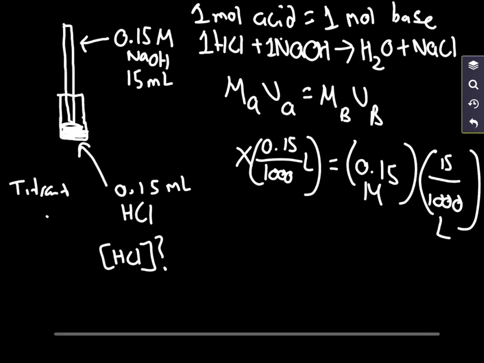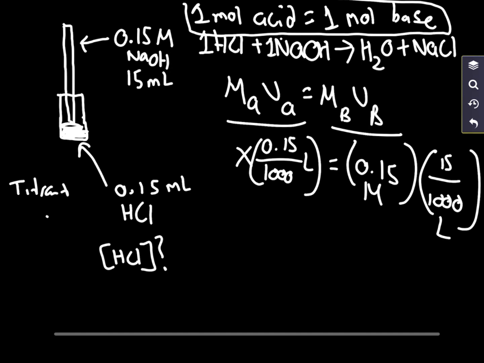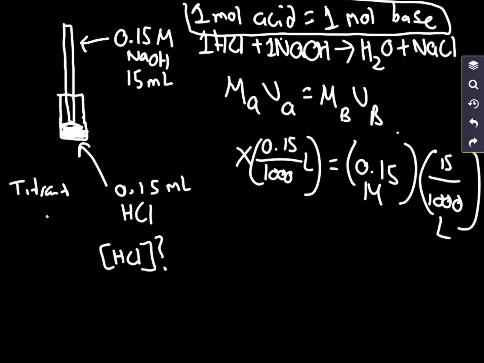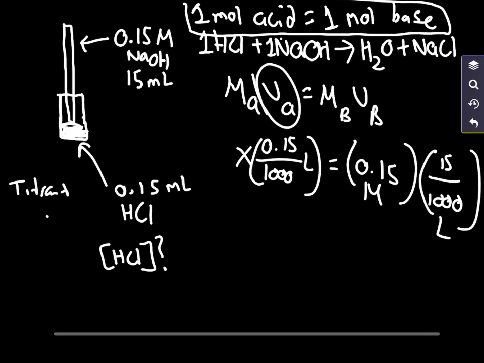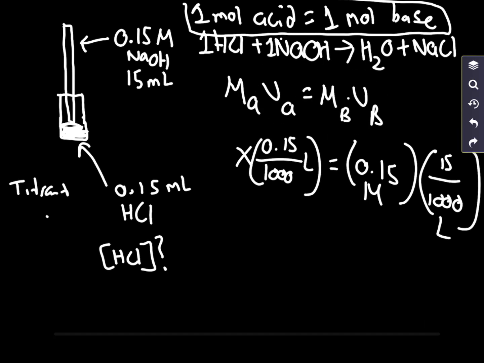And if this applies to our reaction, we can use this formula, MAVA equals MBVB, where MA, that's molarity of acid, times volume of acid, equals the molarity of base times volume of base. And this equation only works if the mole ratio of your acid and base reaction is 1:1. That's the only time it works.